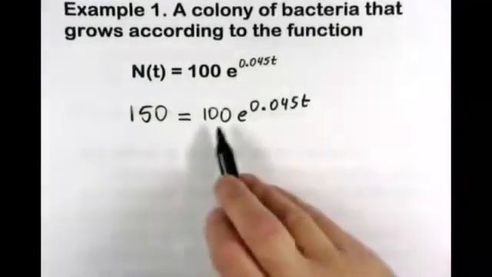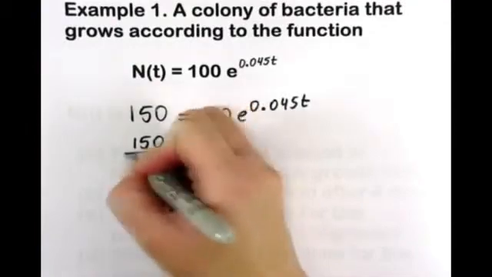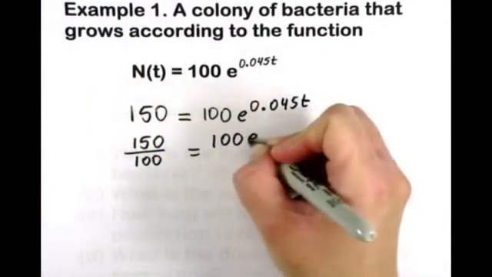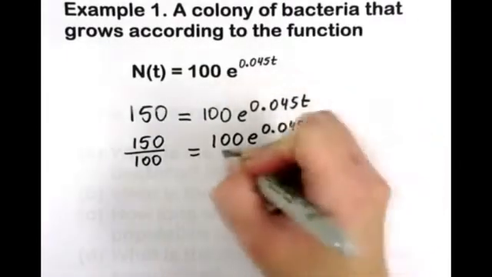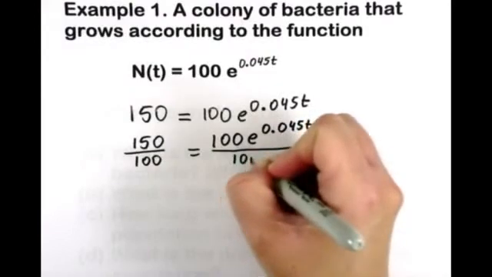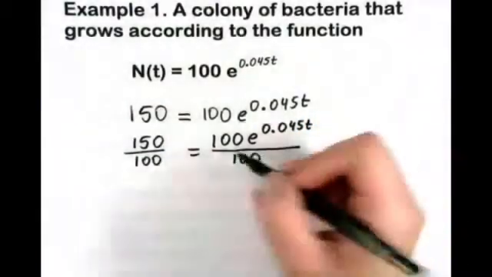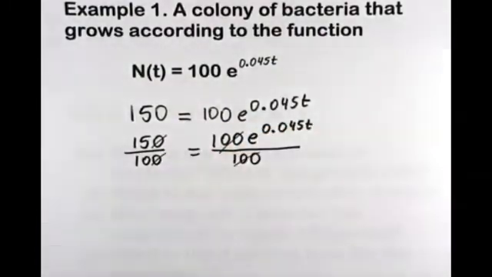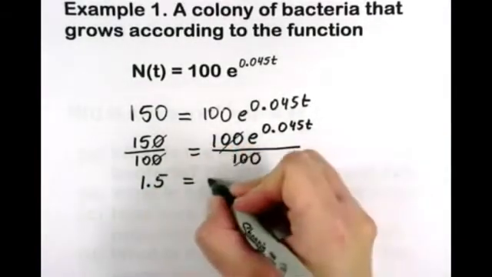First we divide by 100: 150 divided by 100 equals 100 e^(0.045t) over 100. The 100s cancel out. This reduces to 1.5 = e^(0.045t).